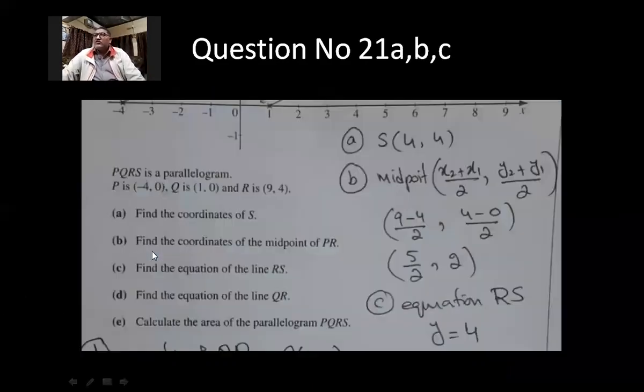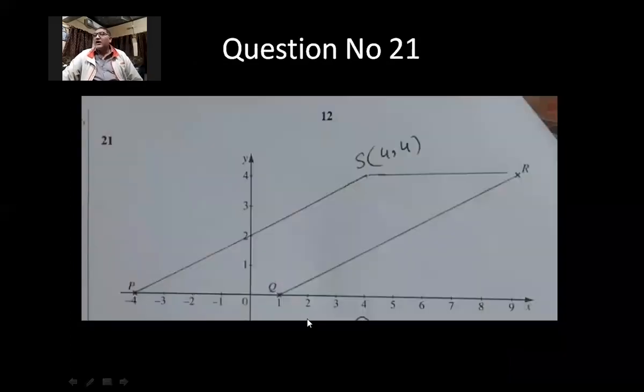Then their question is calculate the area of the parallelogram QRS. You know the area of the parallelogram is base multiplied by height. The base is 1, 2, 3, 4, 5. The base is 5, and the height of the parallelogram is 4. So the area of the parallelogram is base into height.